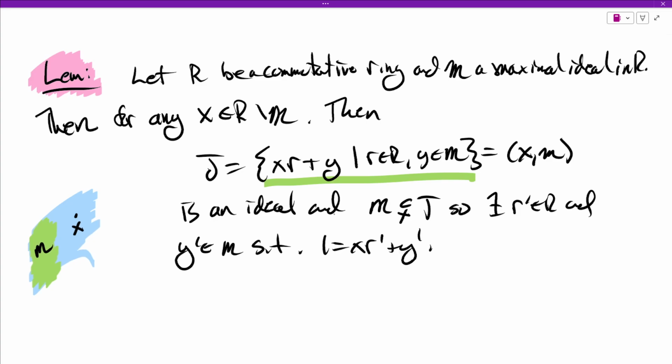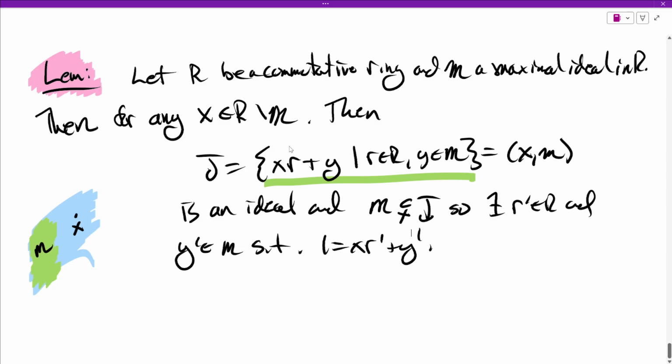J, once we show it's an ideal, has X in it, and X is not in M. So although it has all of M, it also has more than M. It has this element X. But M is maximal, so J must be all of R. That's the definition of maximal: if I'm properly contained in something, it must be the whole ring. So in particular, J has 1 in it, and we'll be able to write 1 as an element of J, and that's what elements of J look like. So we'll come back to that. This last part, there's not much going on there.